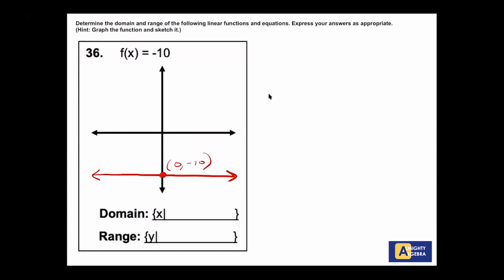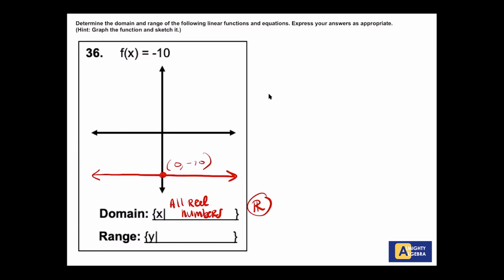So if domain goes left to right, and I see here a horizontal line that extends forever to the left, it keeps going off the page, out the room, out the state, forever to the left. Same thing on the right, it goes off the page, off your desk, out the room, out the city, forever and ever. What do we call that? We call that all real numbers. Sometimes you might see this symbol for all real numbers.